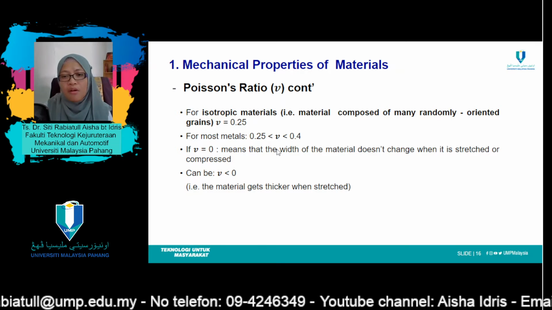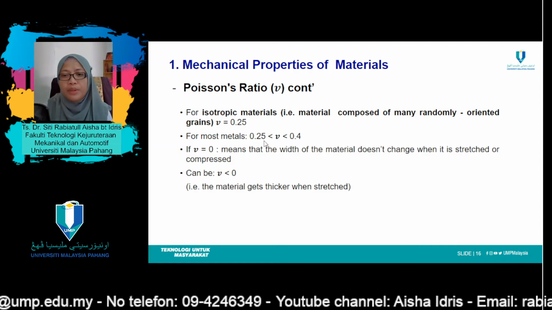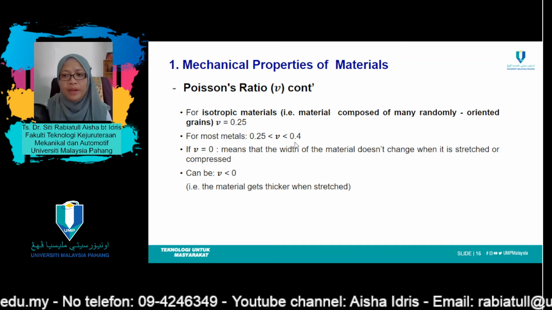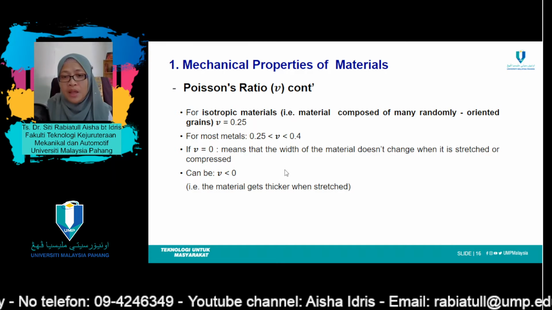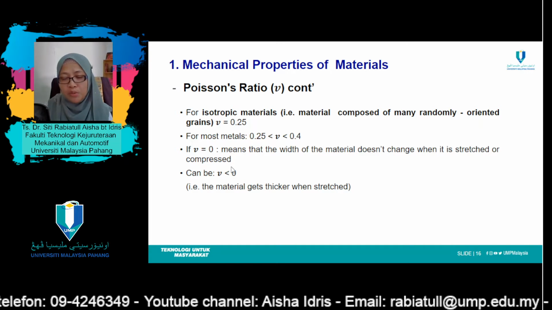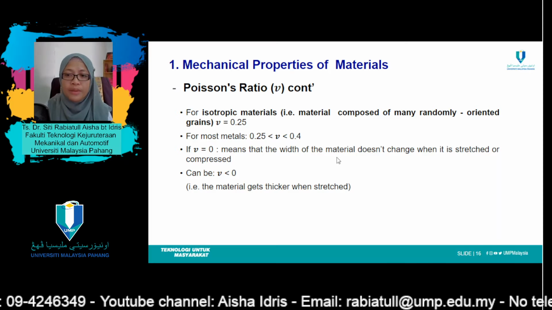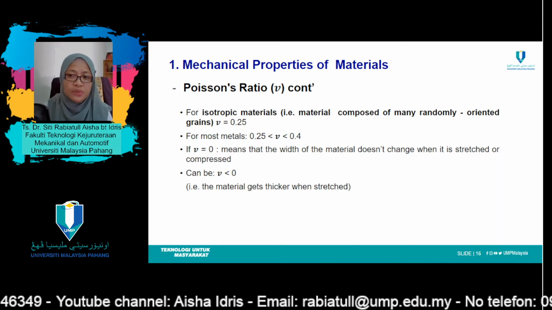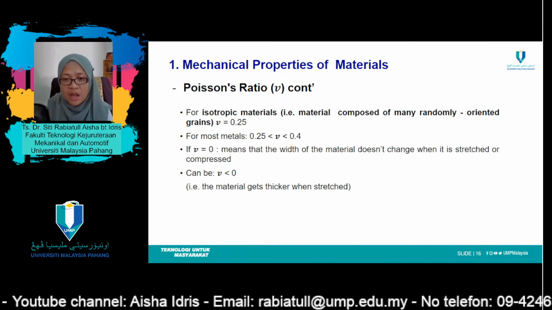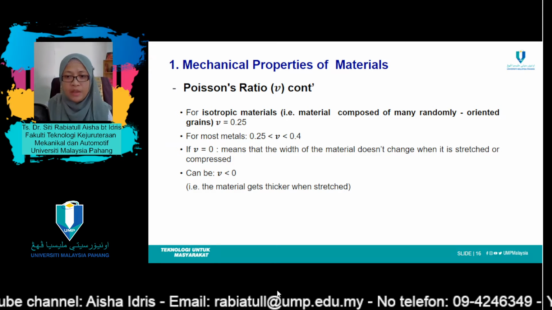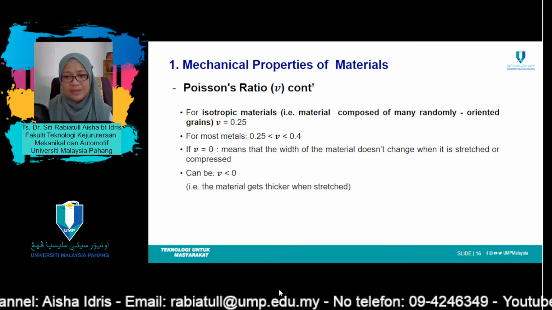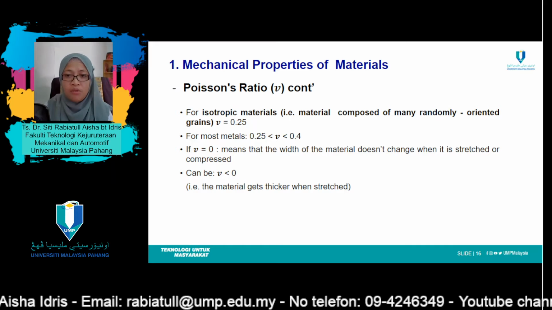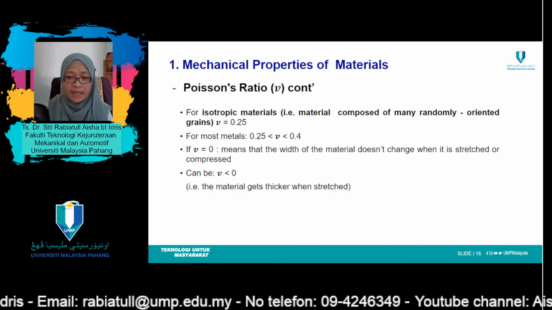The value of Poisson ratio is normally between 0.25 and 0.4. If Poisson ratio equals 0, it means that the width of the material doesn't change when it is stretched or compressed. However, if the material gets thicker when it is stretched, then the value of Poisson ratio is normally less than 0.